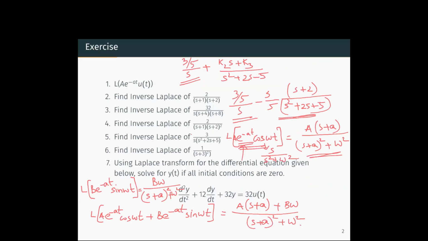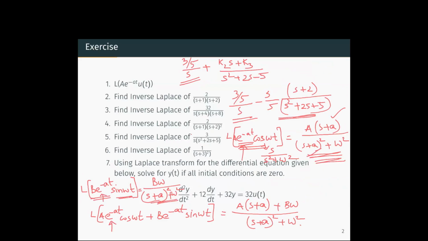So wherever s is there, we will replace it with s plus a. So that is how you get this. Similarly, Laplace of e raised to minus at sine omega t will be omega by s plus a whole square plus omega square. So there again, there is frequency shifting. By multiplying e raised to minus at, you replace wherever s is there with s plus a.